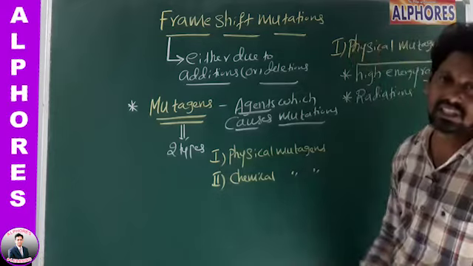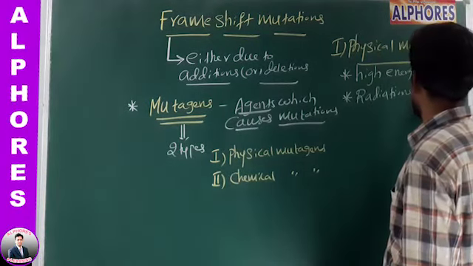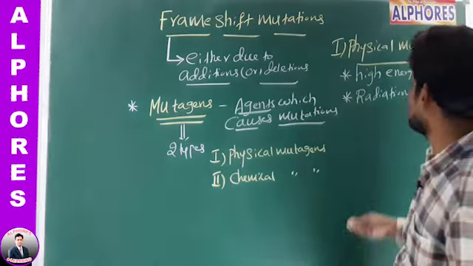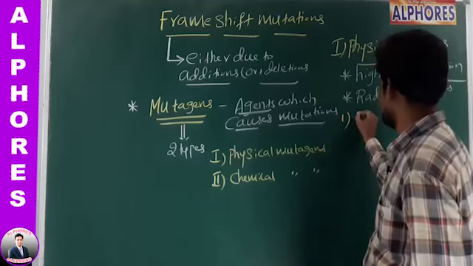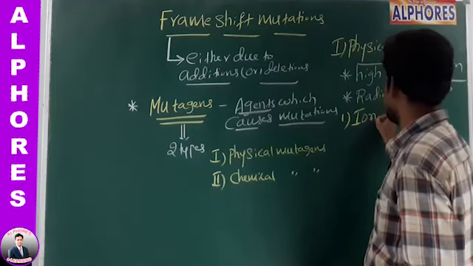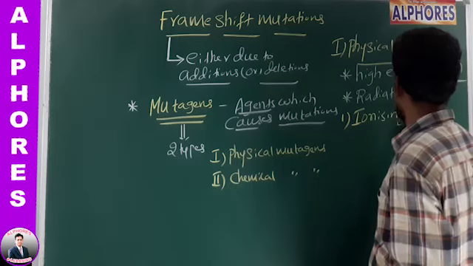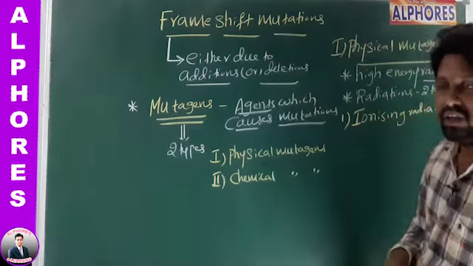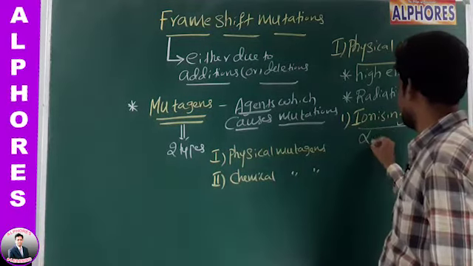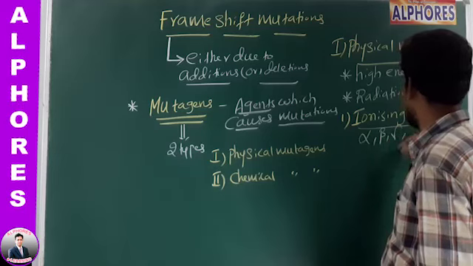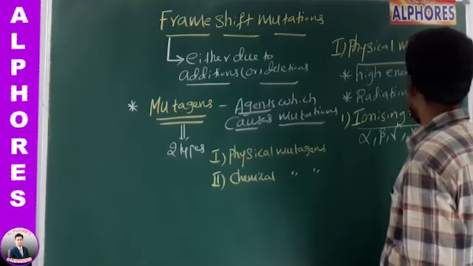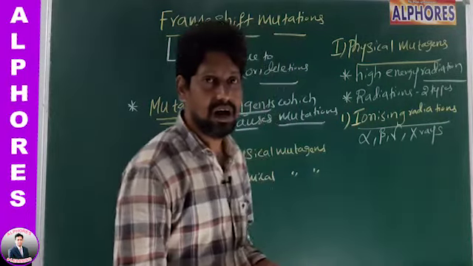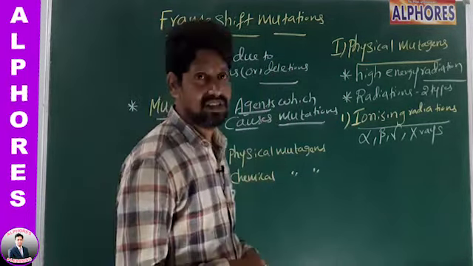The first one is ionizing radiations. Examples of ionizing radiations are alpha, beta, gamma, and X-rays.